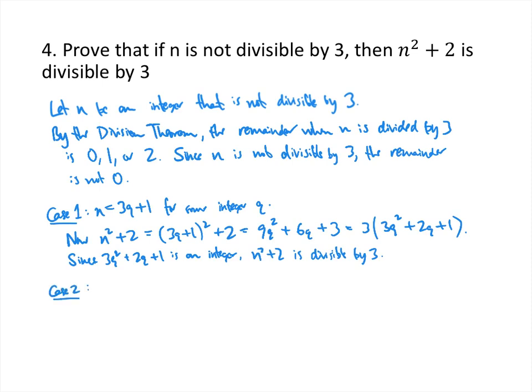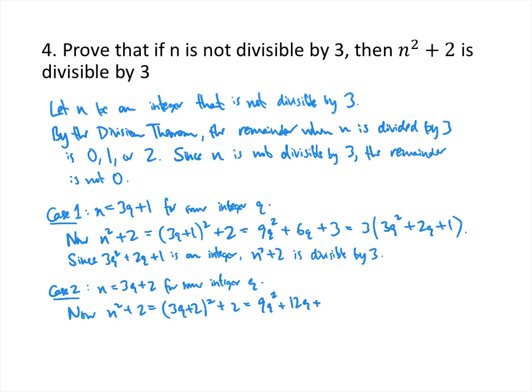And now we do case 2 in a very similar way. So case 2, this is where n equals 3q plus 2 for some integer q. That's the other possibility, the other possible remainder. And now we would say that n squared plus 2, that's going to be 3q plus 2 squared plus 2. Work all that out, we get 9q squared plus 12q plus 4 plus 2, which is plus 6. And then again, we can factor a 3 out of that.